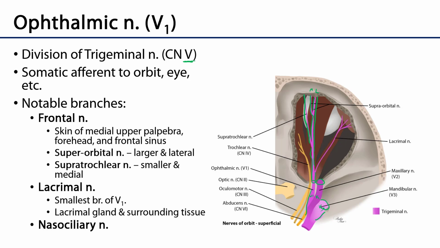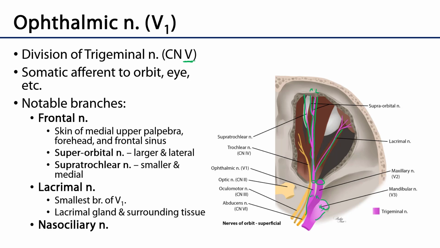We can also see the smallest branch of V1, and that would be the lacrimal nerve. The lacrimal nerve does not serve the lacrimal gland's totality of actions.